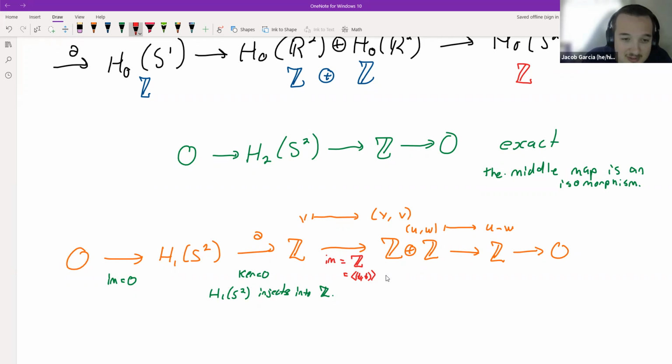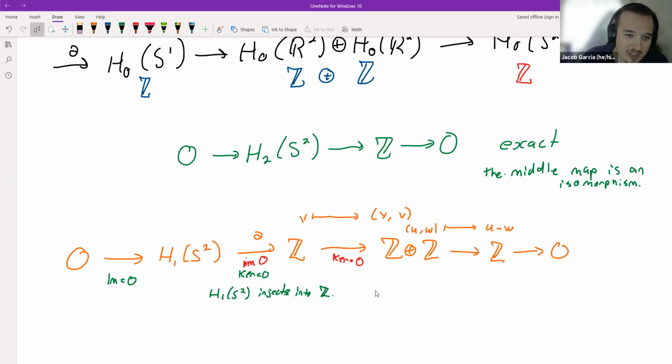So that means that the kernel, oh no, sorry, I don't want the image. I want the kernel of this map. However, the kernel of this map is 0, because this is an injective map by construction. The kernel of this map means that the image of this map is 0.